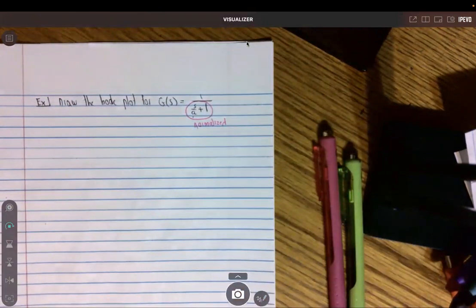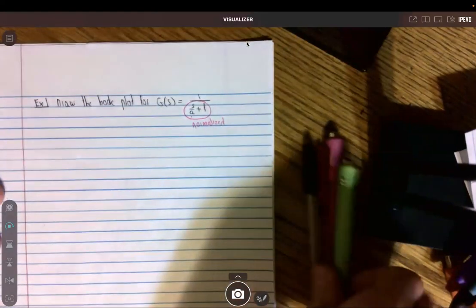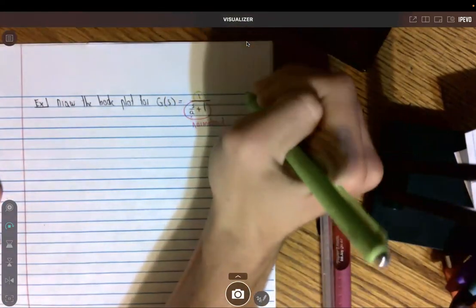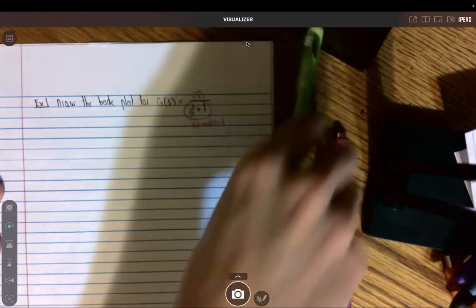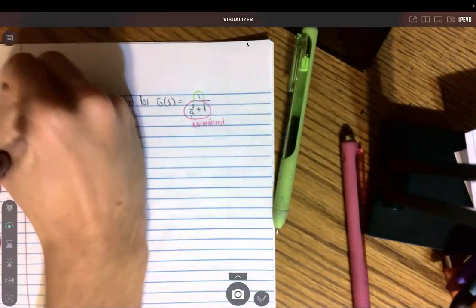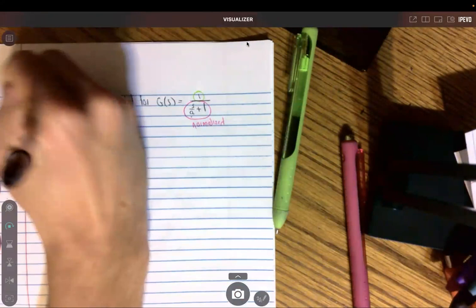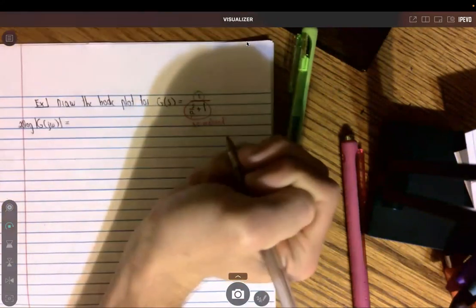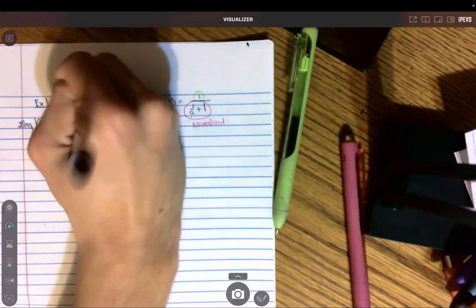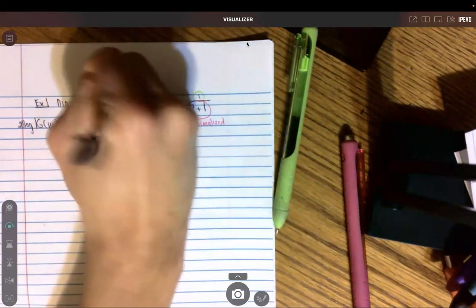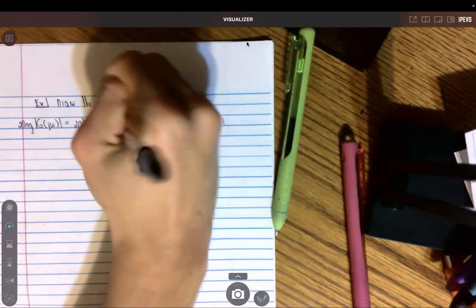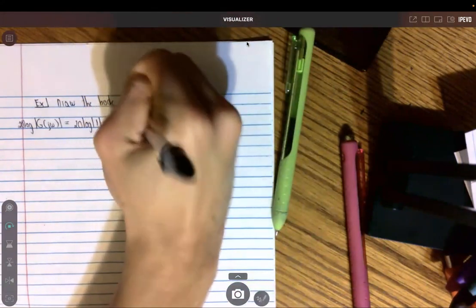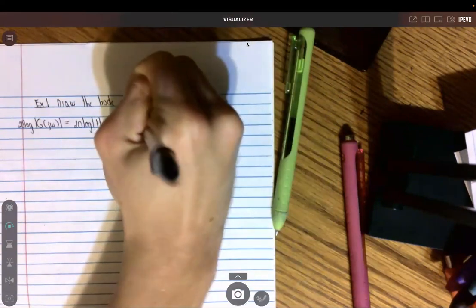And so in order to do the specific Bode plot, you look at the numerator and denominator. So we have no zeros in the numerator, but we have a constant. And so for the magnitude plot, 20 log of G of j omega, it's going to equal 20 log of 1, and then minus 20 log of S over A plus 1.